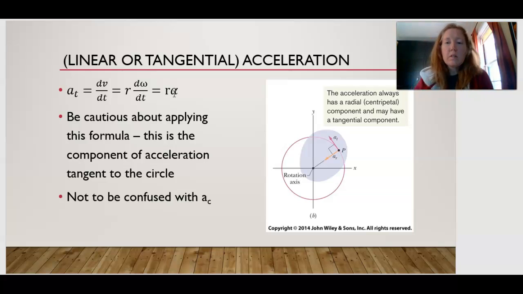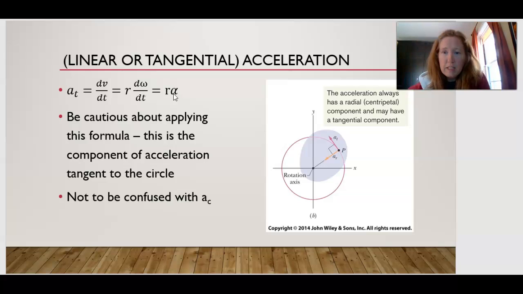But you have to be cautious because there are two components of acceleration, because we already learned about one other one, and that was the centripetal acceleration for anything that moves in a circle. There is the center-seeking acceleration, and that is the AC.